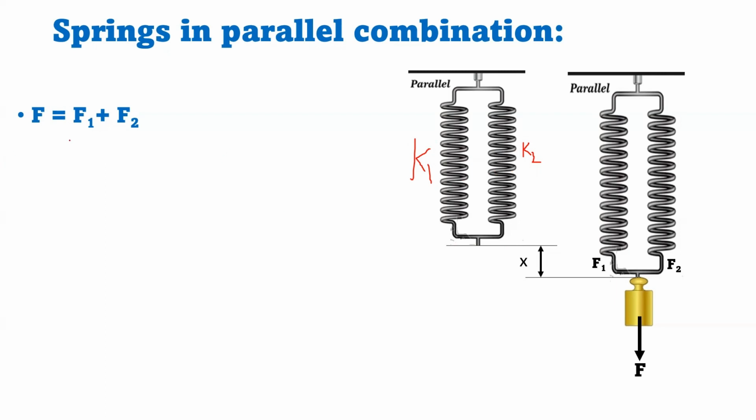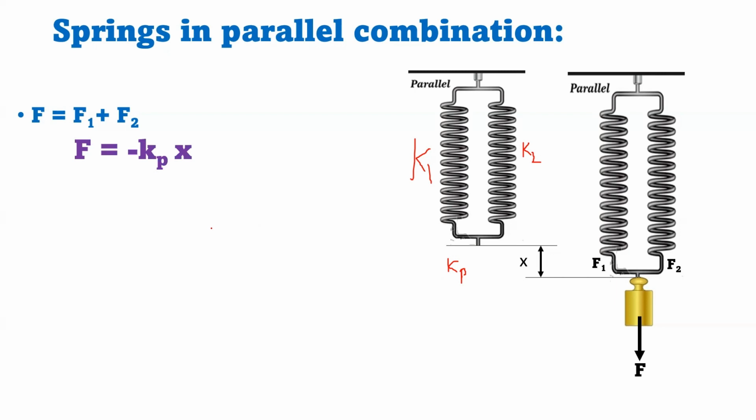The resultant force is related to the spring constant of this combination. If the combination is parallel, we can write the resultant spring constant as Kp, or K parallel. Then F equals minus Kp into X.